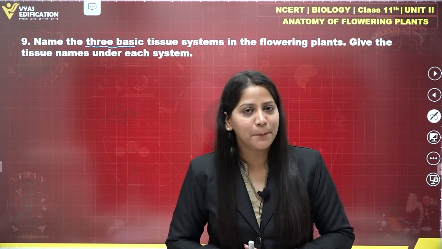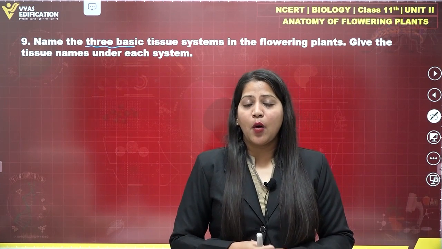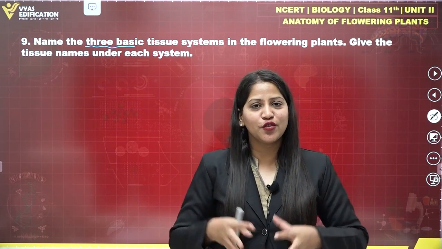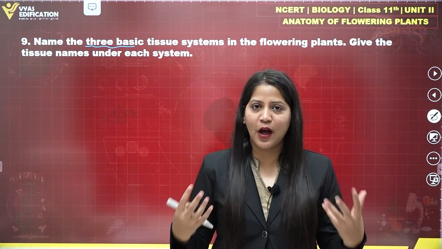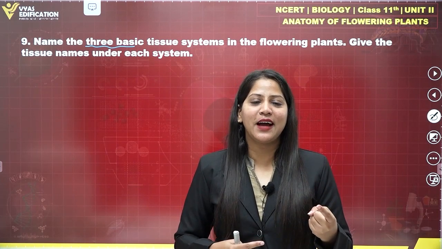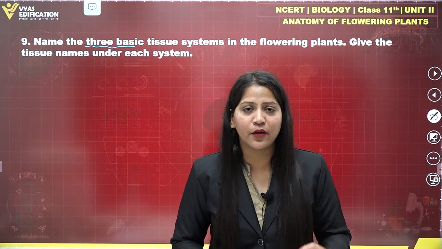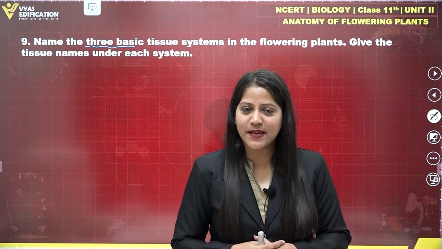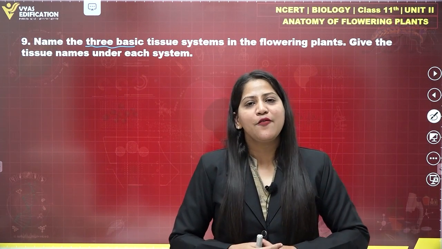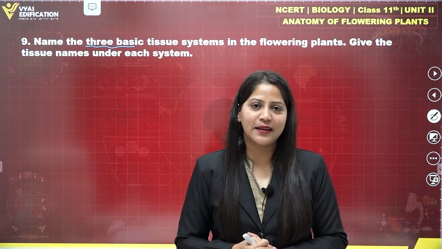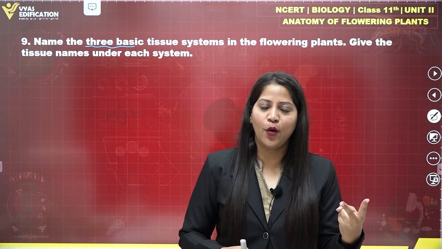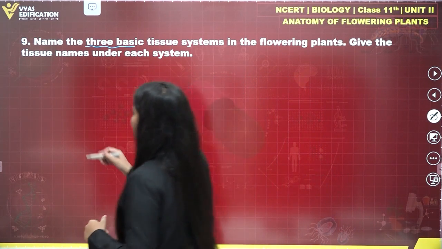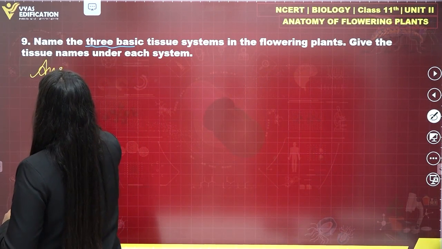Then the next tissue system, the ground tissue system, includes collenchyma, parenchyma, sclerenchyma and mesophyll cells. The last one is the vascular tissue system, which contains xylem, phloem and cambium. So this is all about this question, and now we are going to write the answer of question number 9.